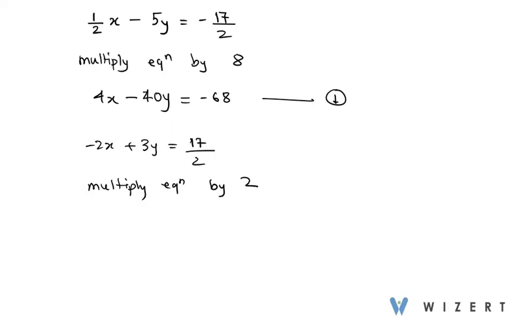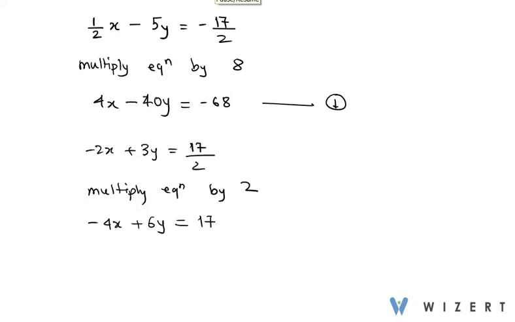What I'll get? I'll get minus 4x plus 6y equal to 17. So let me name this as equation 2.